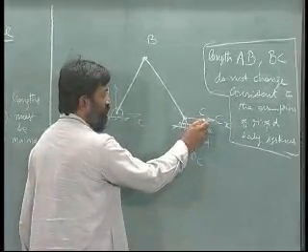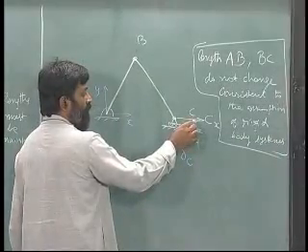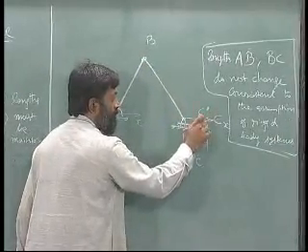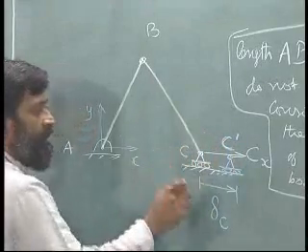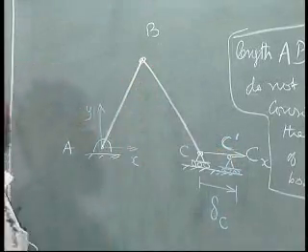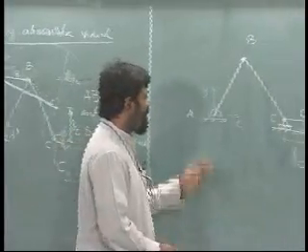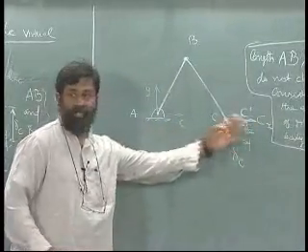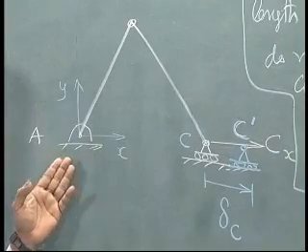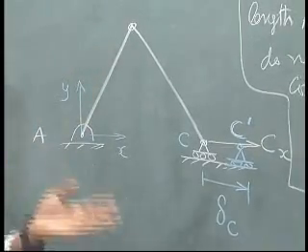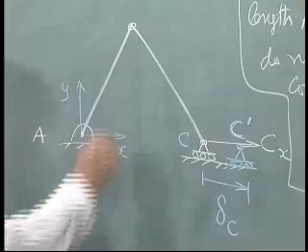I have to make sure that the length, let us say this is C prime, this is C, length C prime B prime is the same. I will do the same exercise. I can either start from here or I can start from the fixed frame of reference. I know AB again can only rotate, so that remains the same.